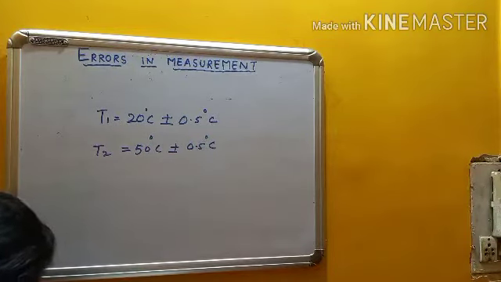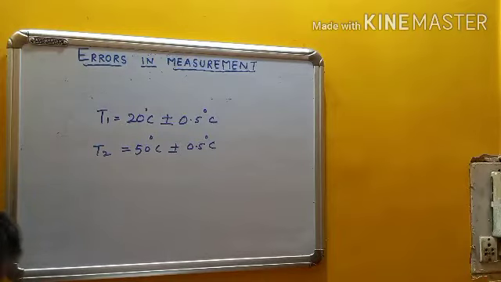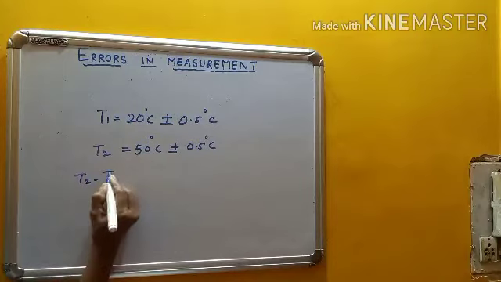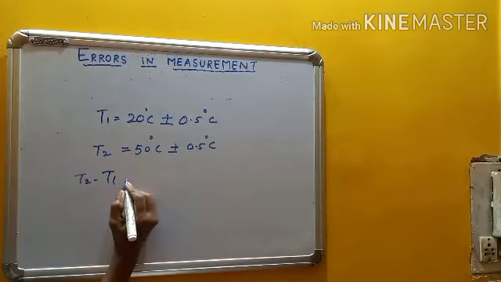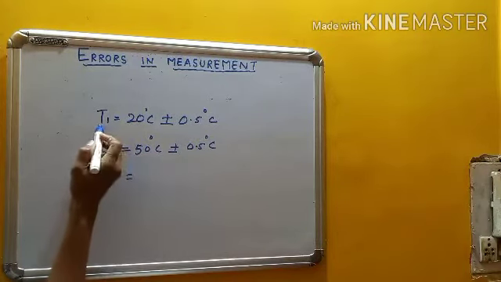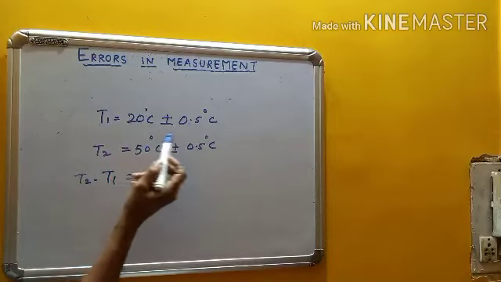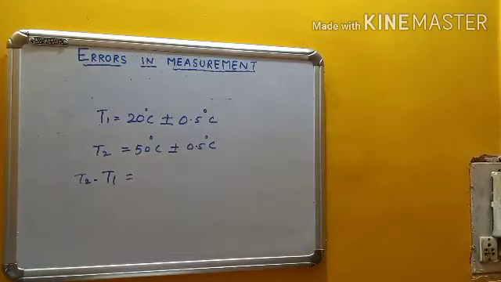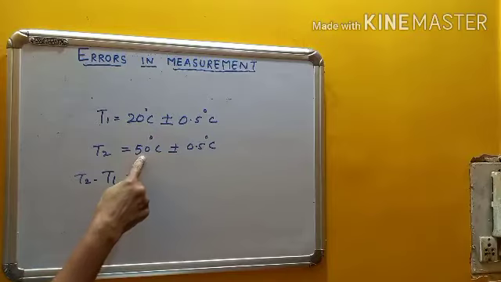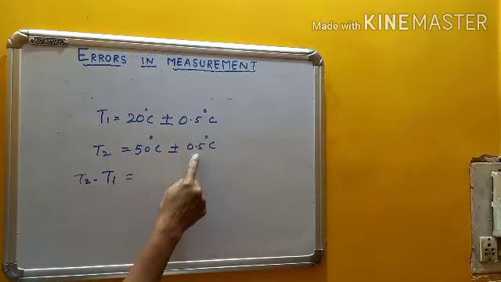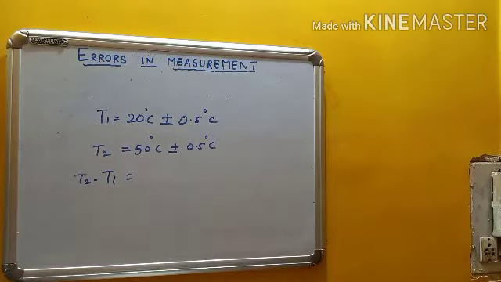Now you have to calculate the temperature difference. So temperature difference means T2 minus T1. T1 true value 20 degree, absolute error is 0.5. T2 true value 50 degree, absolute error 0.5 degree Celsius.